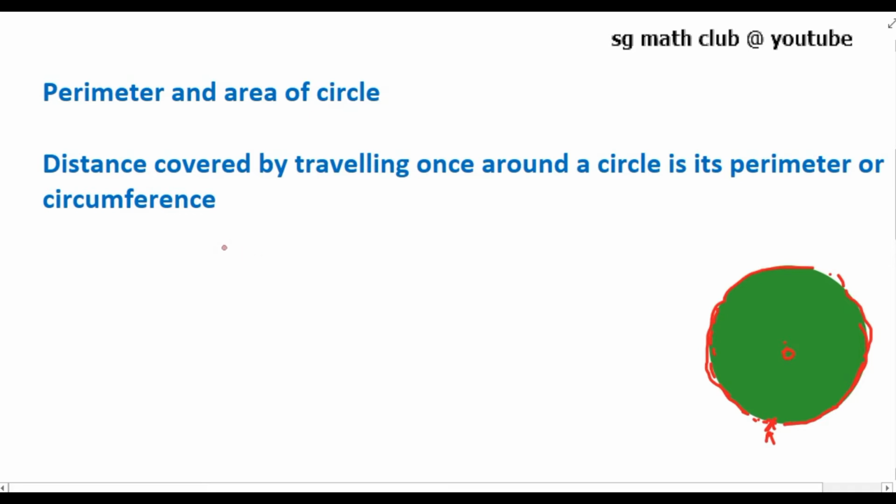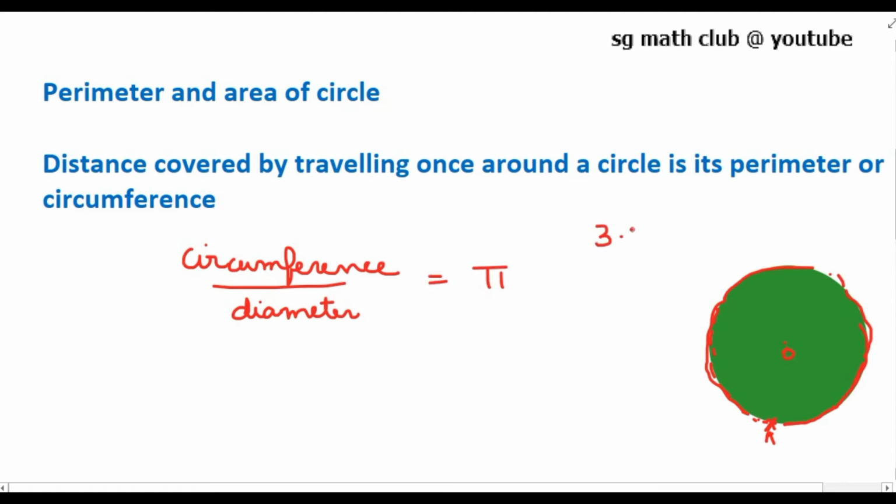In earlier classes, you might have studied that circumference divided by diameter will give you a constant, and that constant is nothing but pi, and the value of pi is 3.14.